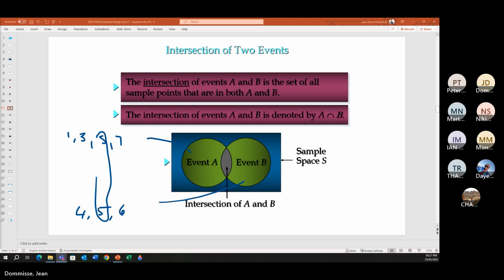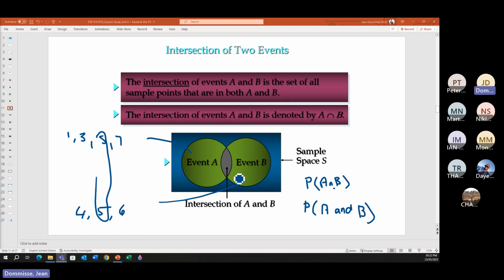Okay, we can sometimes call that intersection, here we denote it by that sign, but we can also just say what is the probability where it is A and B. So mostly what we will use is the and, where both A and B will happen.